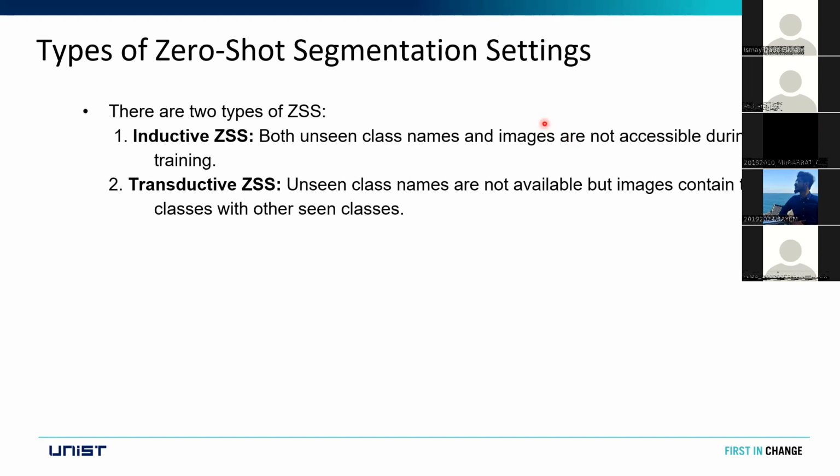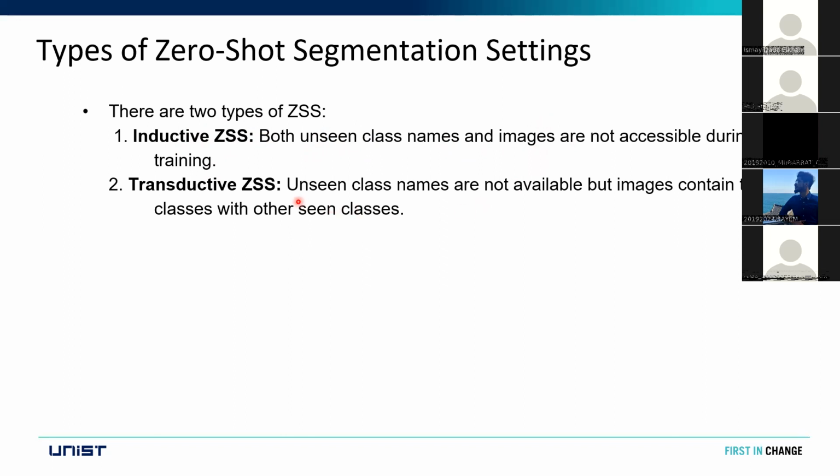Zero-shot segmentation setting basically has two types. The first one is the inductive zero-shot setting. Here, both unseen class names and images are not accessible in training. Let's say human is the unseen class in the setting. The human class name and any images of humans will not be available in training.